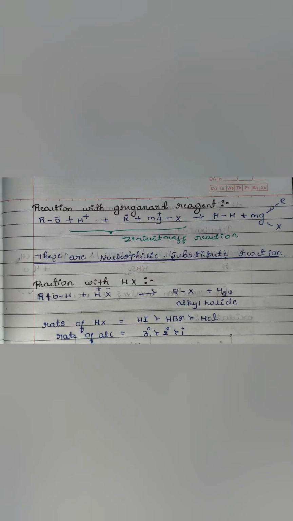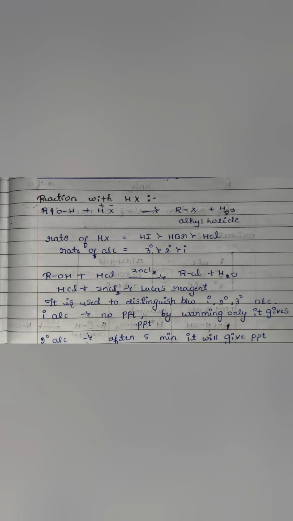When alcohol is treated with Grignard reagent, it gives the main product as alkanes. In this reaction, the bond breaks between O and hydrogen. These are involved in nucleophilic substitution reactions. Reaction with halide: when ROH, means alcohols, are treated with hydrogen halides, it gives alkyl halide.